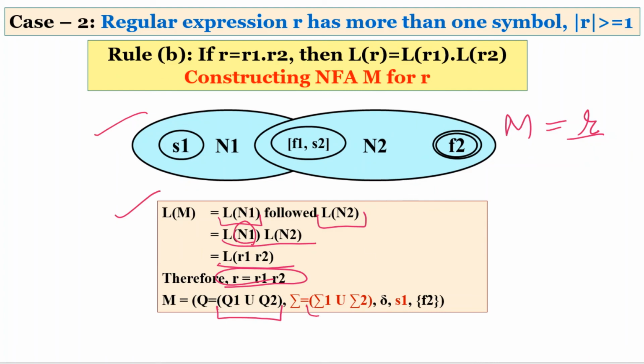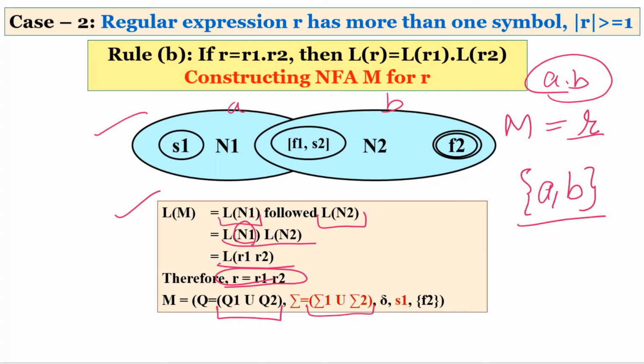Then the input symbols are the union of the input symbols of machine 1 and machine 2, as we have A here and B here if the expression is A dot B. So the input symbols for the complete machine are A and B, the union of input symbols of both machines. Next we have the transition function, the initial state from machine N1 and the final state from machine N2. So this is the complete proof for rule B.